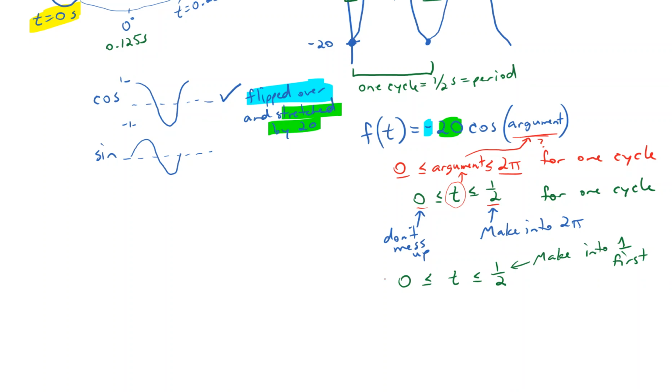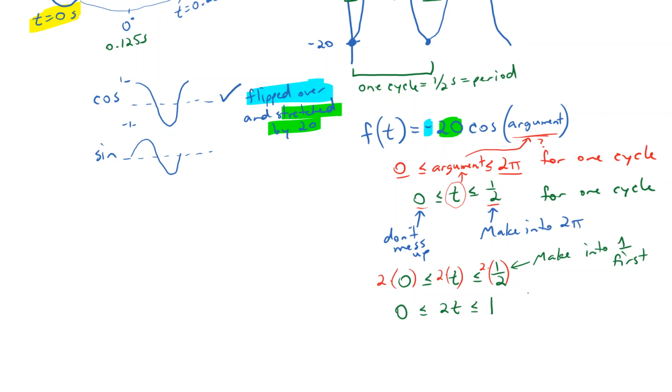The way I'm going to do that is I'm going to multiply all three sides. Remember, whatever I do to any side, I have to do to all three sides. Multiply all three sides by 2, and so I still get 0 is less than or equal to, now it's 2t. You can see the argument here is changing.